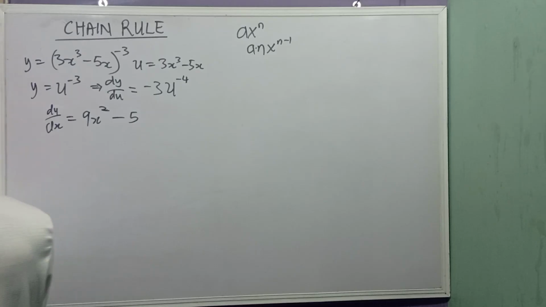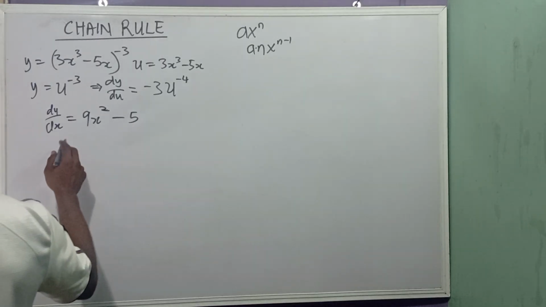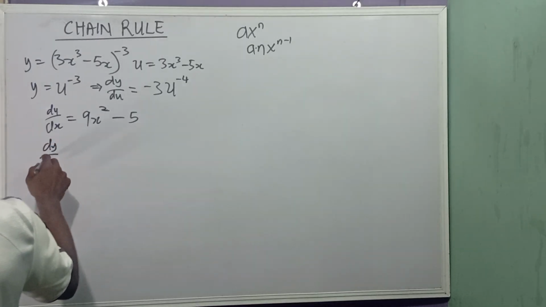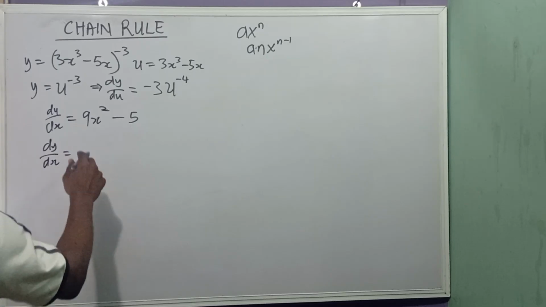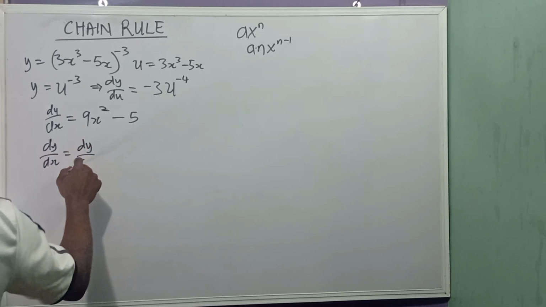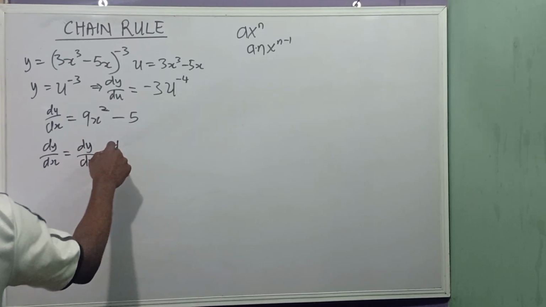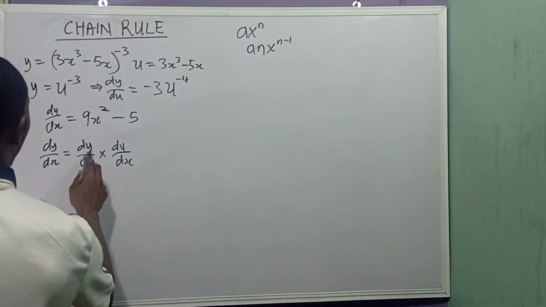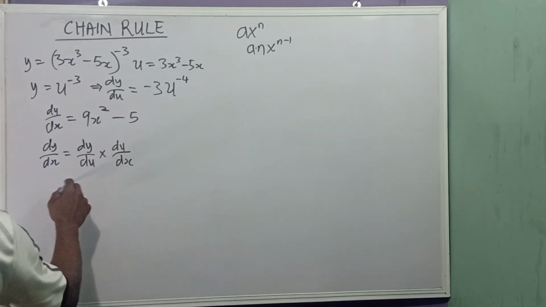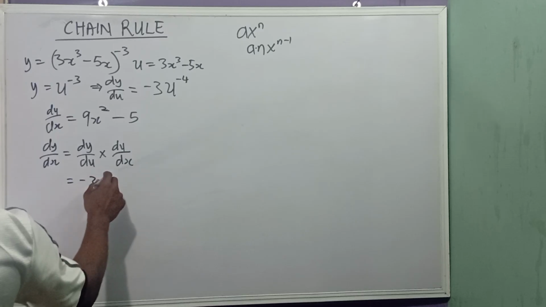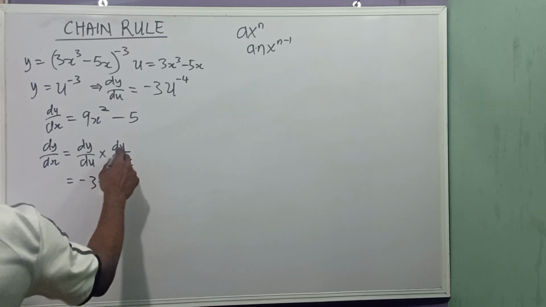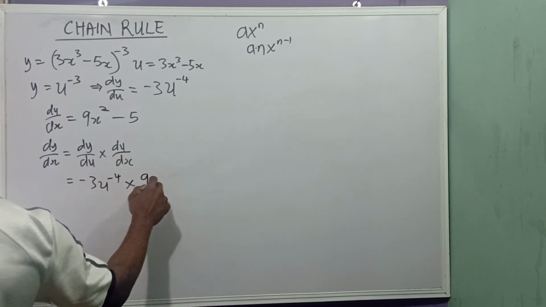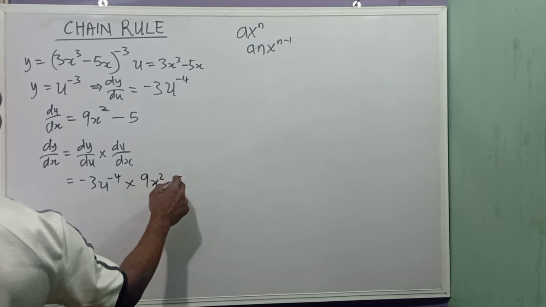That gives us now our chain rule, which says dy/dx equals what? dy/du times du/dx. Now dy/du is minus 3u raised to power minus 4, times du/dx is 9x squared minus 5.